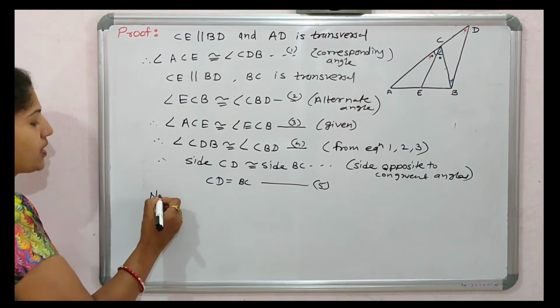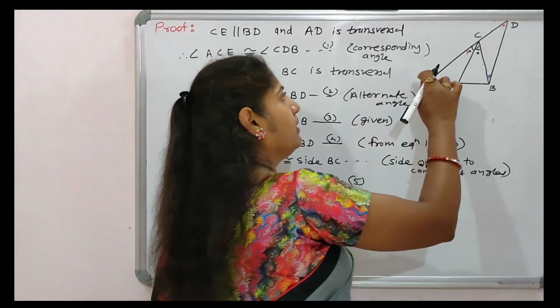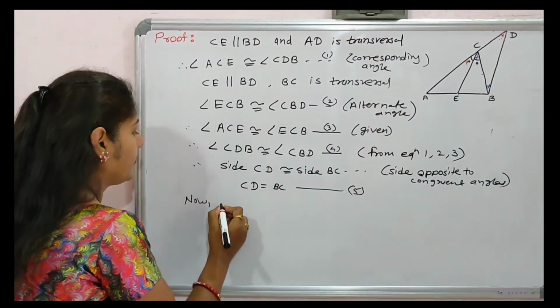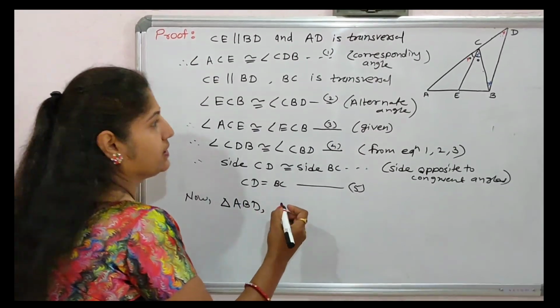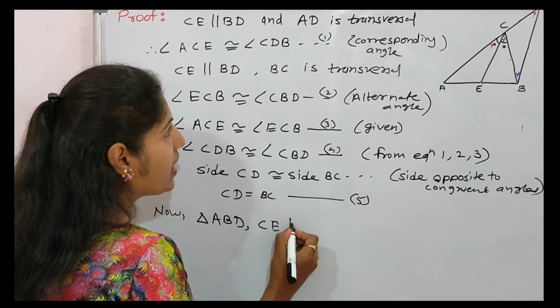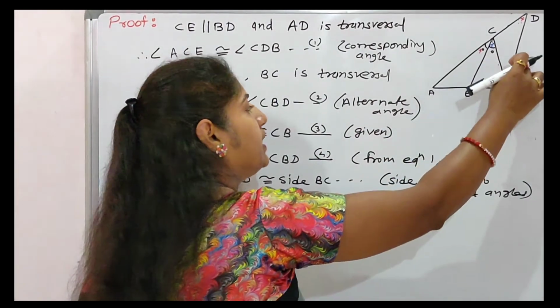Now we use the BPT theorem. In triangle ABD, CE is parallel to BD, so we use the BPT theorem.